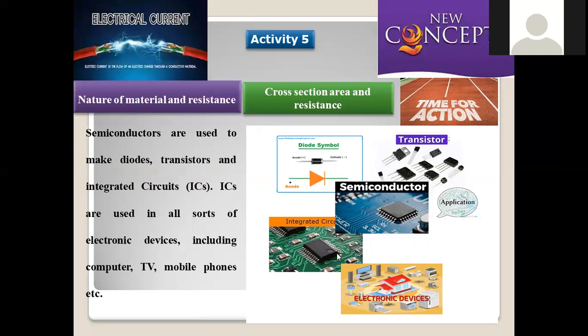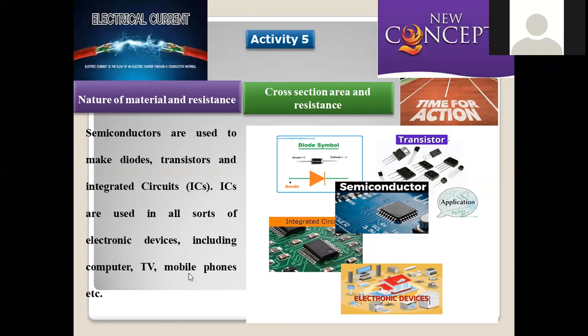And next is about integrated circuits. These integrated circuits are very essential in electronic devices like smartphones, laptops, desktops, all of which are assembled with integrated circuits. These are essential devices.